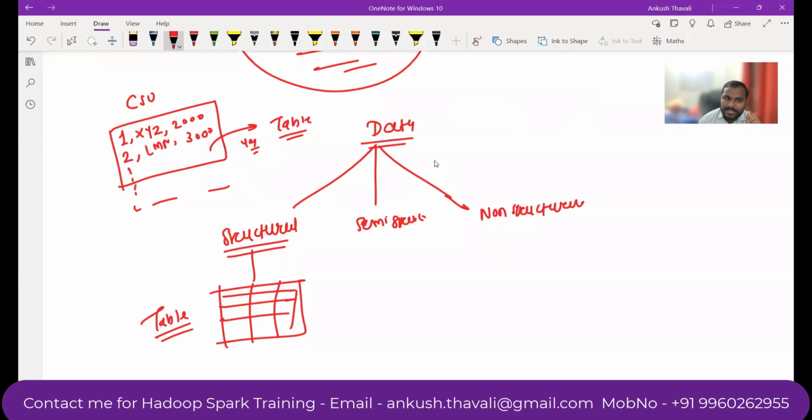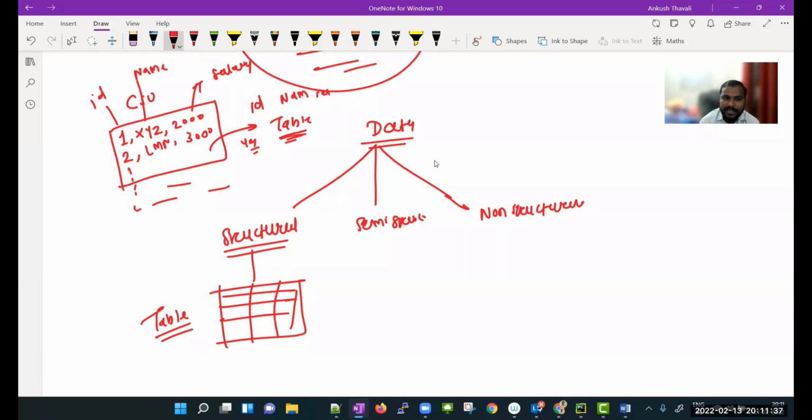Why? Because this data has a format: the first column can be your ID, the second column your name, and the third column your salary. So I can create a table with ID, name, and salary, which will store my data in the form of a table. So when you have data which can be stored in the form of a table, we call it structured data.